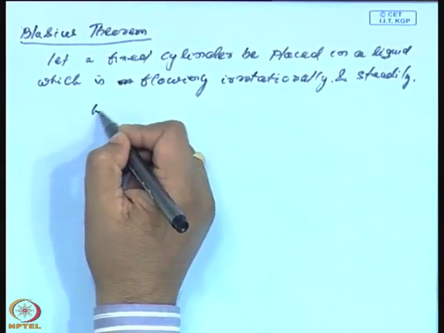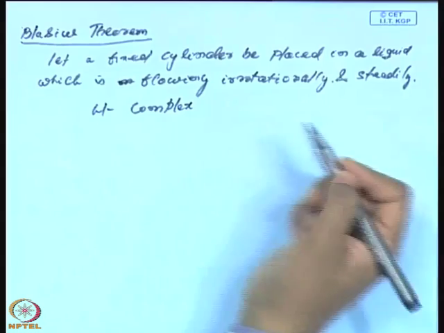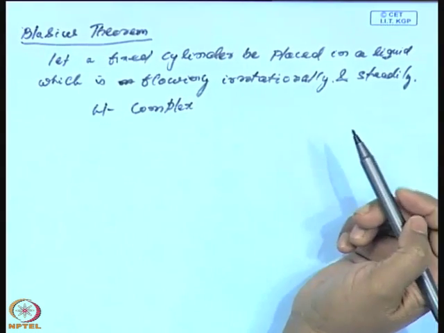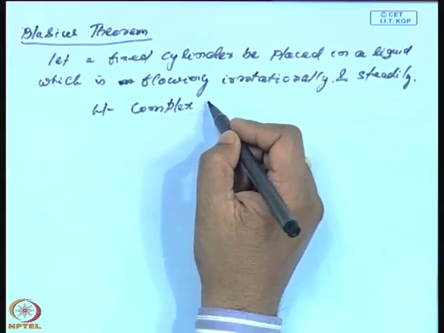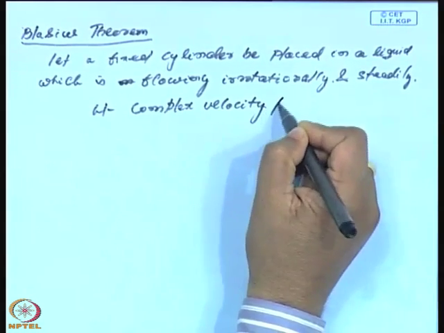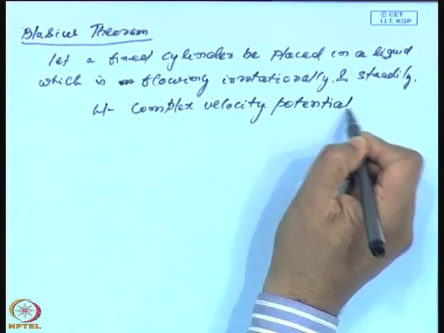And let W be the complex velocity potential associated with the flow. A fixed cylinder is placed in a liquid which is flowing irrotationally and steadily, and W is the complex velocity potential of the flow.